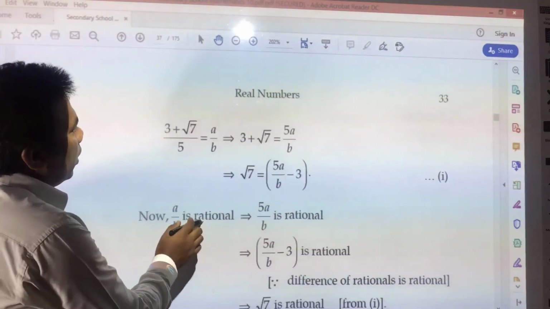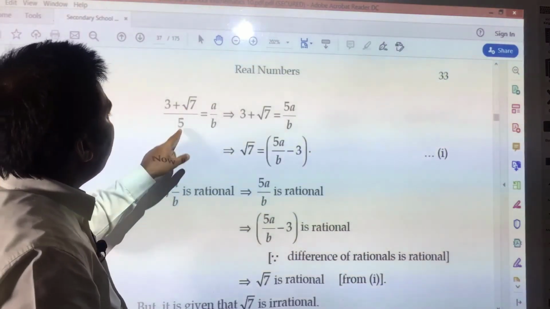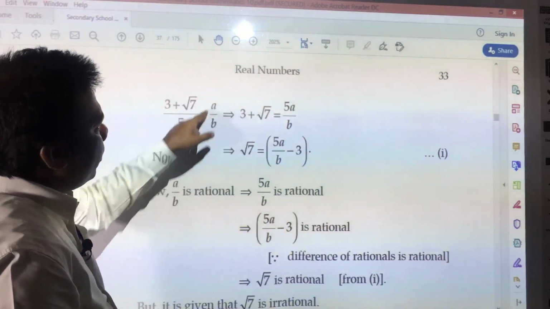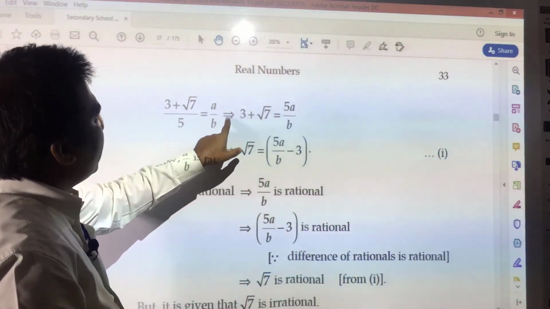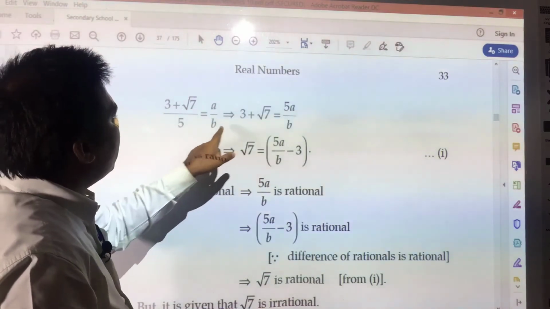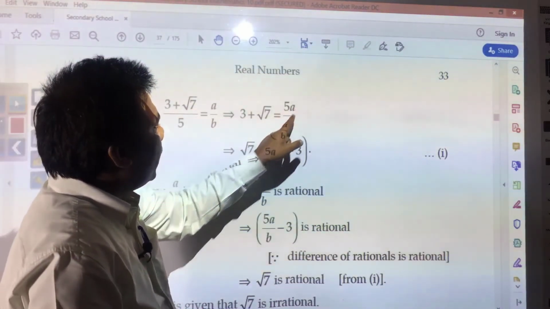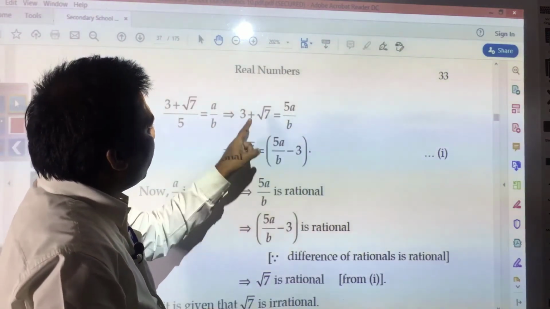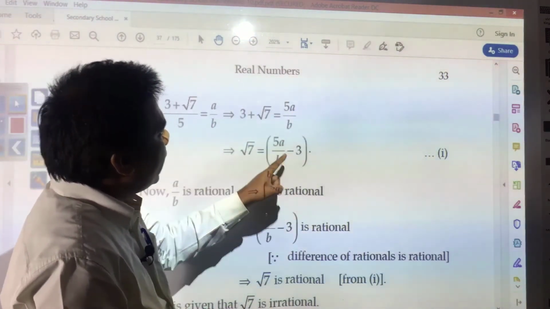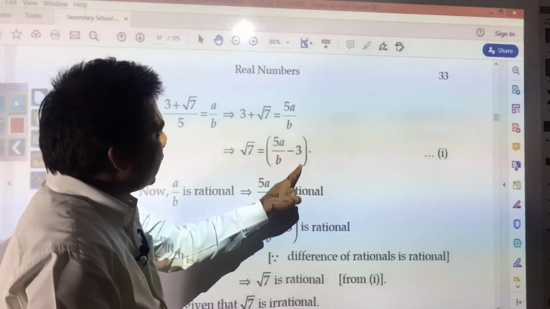Then 3 plus root 7 by 5 will be equal to a by b, and that implies 3 plus root 7, this 5 has been taken to the right side, so that will be 5a by b, and root 7 will be, 3 will be taken to the right side. So, 5a by b minus 3.